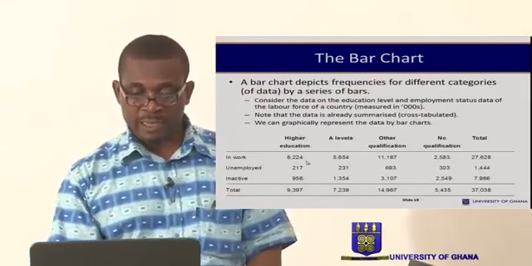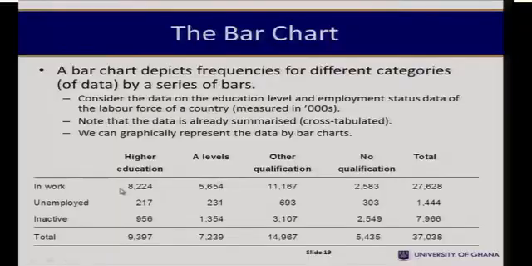Now, that is when you move vertically. When you move horizontally, again, this is the number of persons who have higher education and are working. And this 5,654 tells us the number of persons with A levels who are working. 11,167 tells us the number of persons with other qualification who are working or employed.